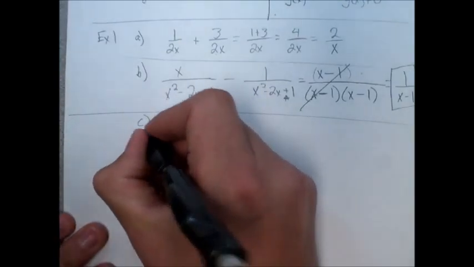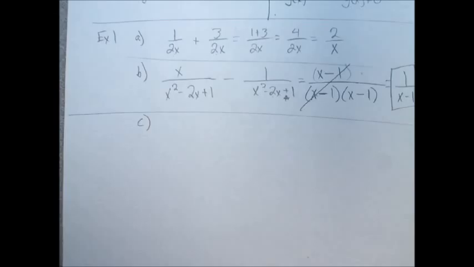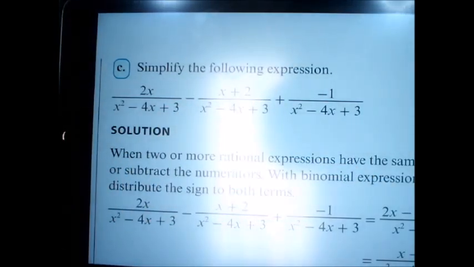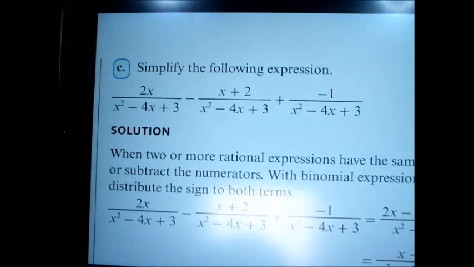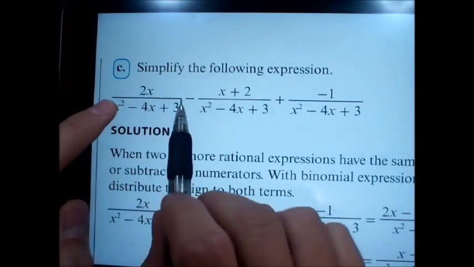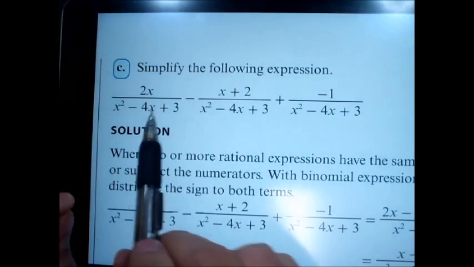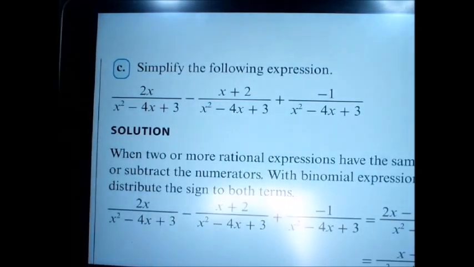C. Now this one is a 3-piece deal. So instead of writing this denominator 3 times, everybody look at this. Instead of writing my denominator 3 times when you write it on your homework, just write the top parts all together and then one common denominator. Since it's already a common denominator, you can combine it already.